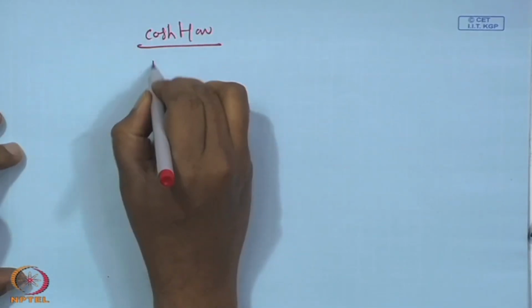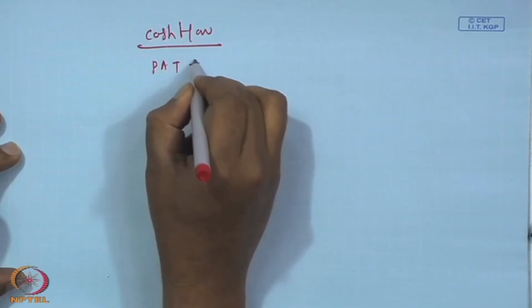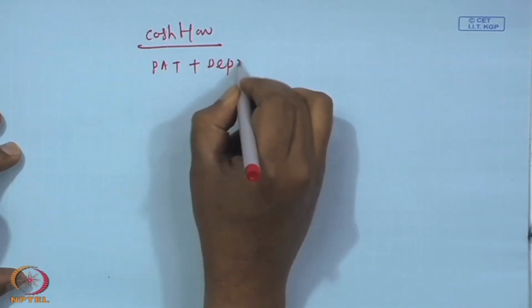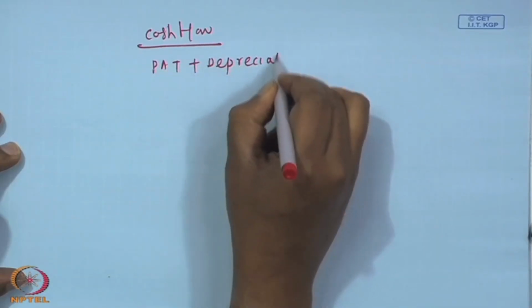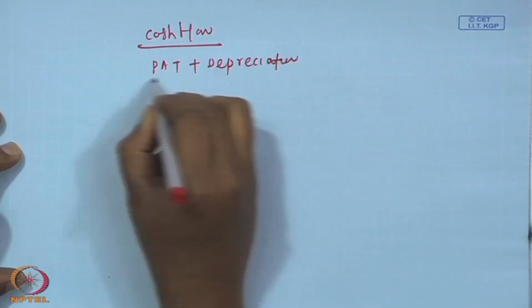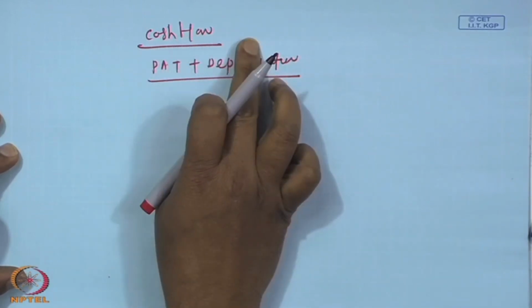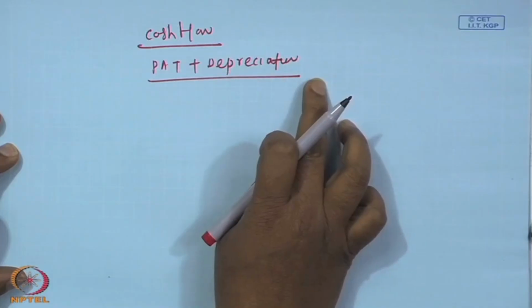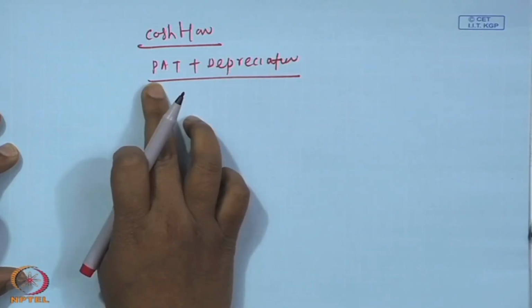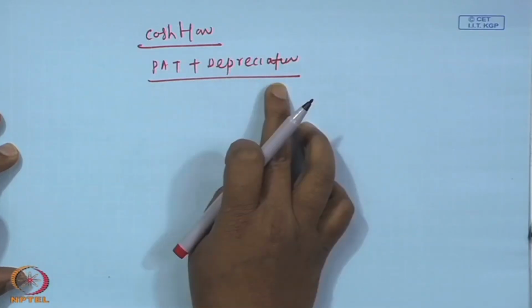Cash flow is nothing but profit after tax plus depreciation, because depreciation is an adjustment in the system, there is no outflow of money from the system.